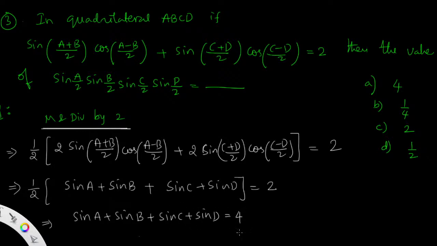Then only the value becomes 4. So each term must be 1. Therefore A equals B equals C equals D equals 90 degrees.